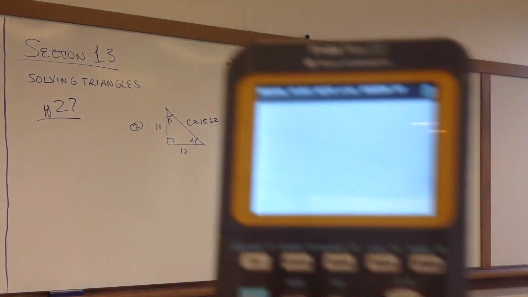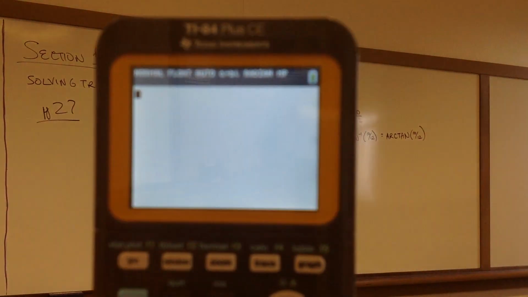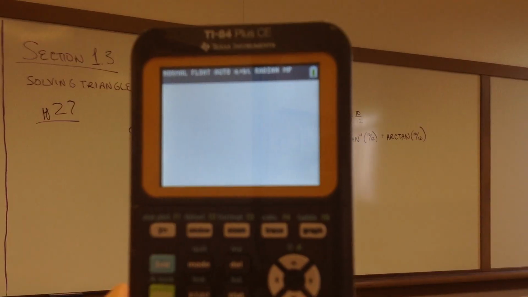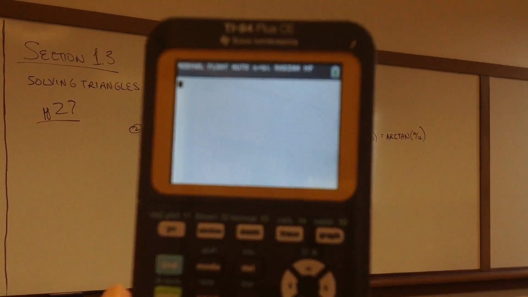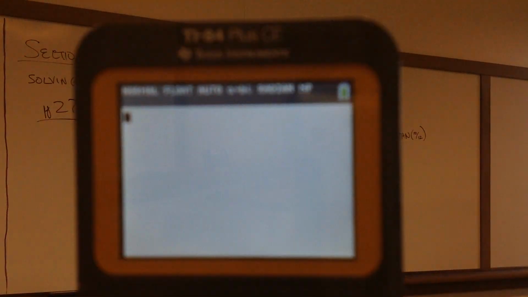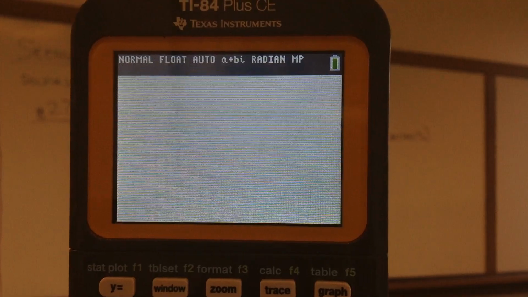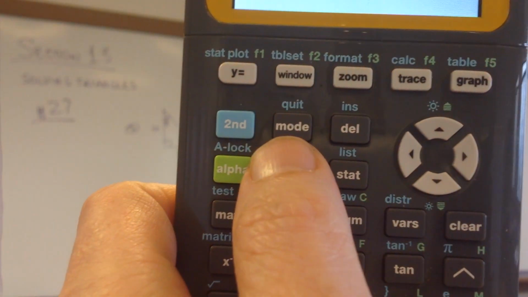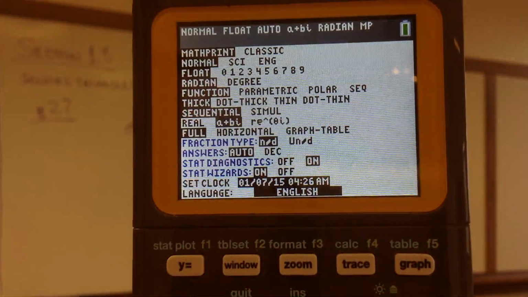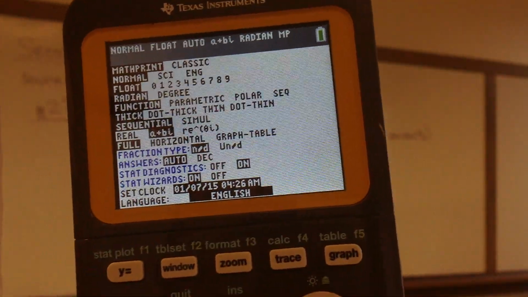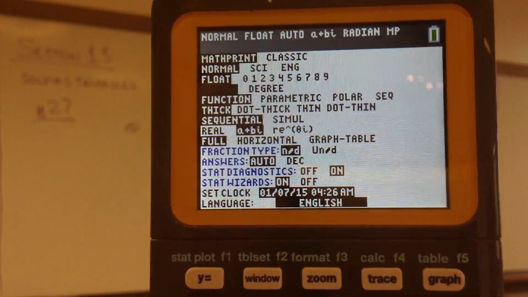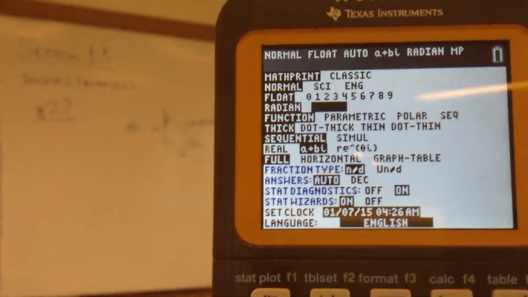Okay, so there's the calculator. The mode key is right here. And then you can see the fourth one down, radian versus degree.